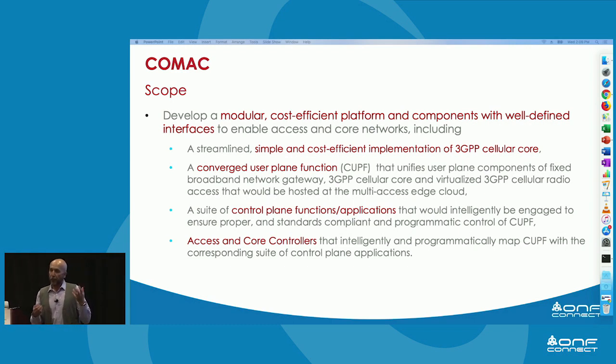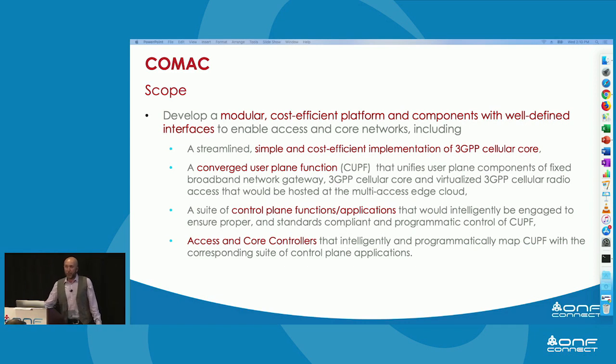This user plane function converges all of the user plane functions you might find at the edge for a cellular network, as well as a broadband network. And then a suite of control plane functions that intelligently control this converged user plane so that we have seamless operation for all access technologies in question. And then the corresponding access and edge controllers that make this all happen. So this is the overall scope of the project.